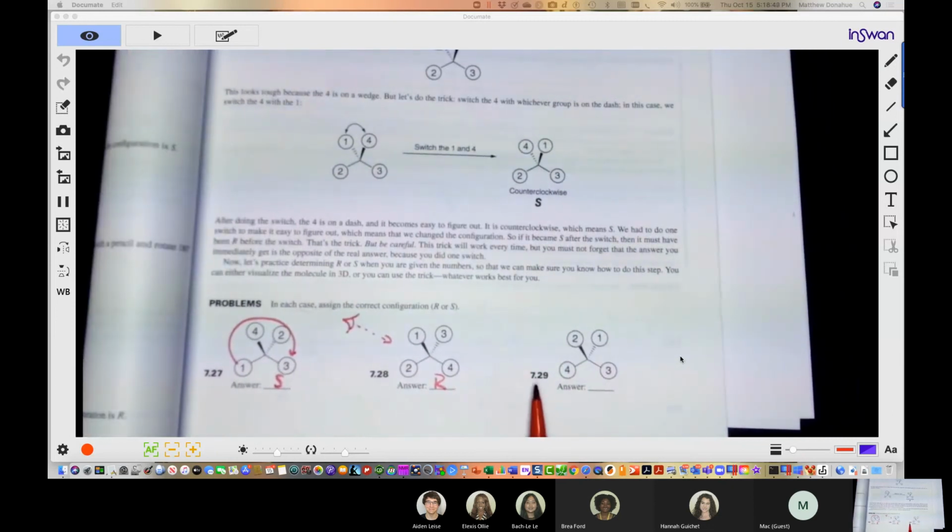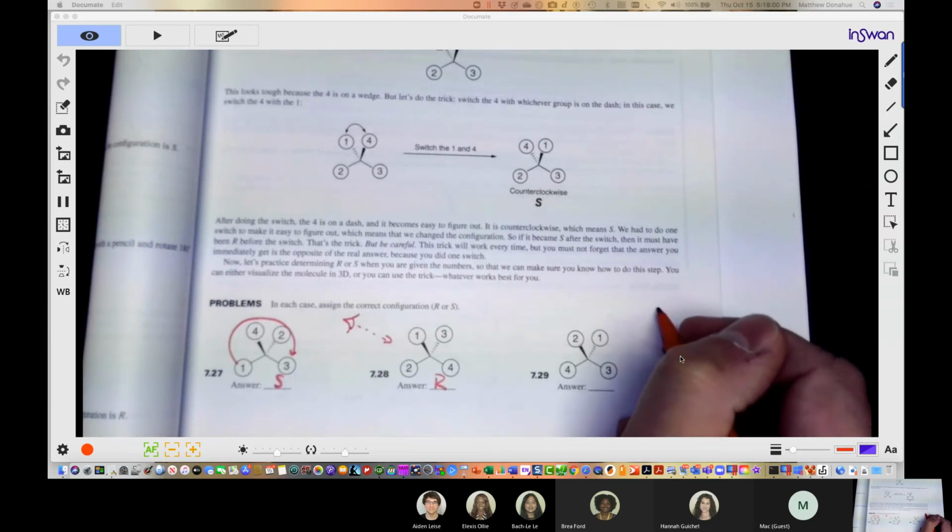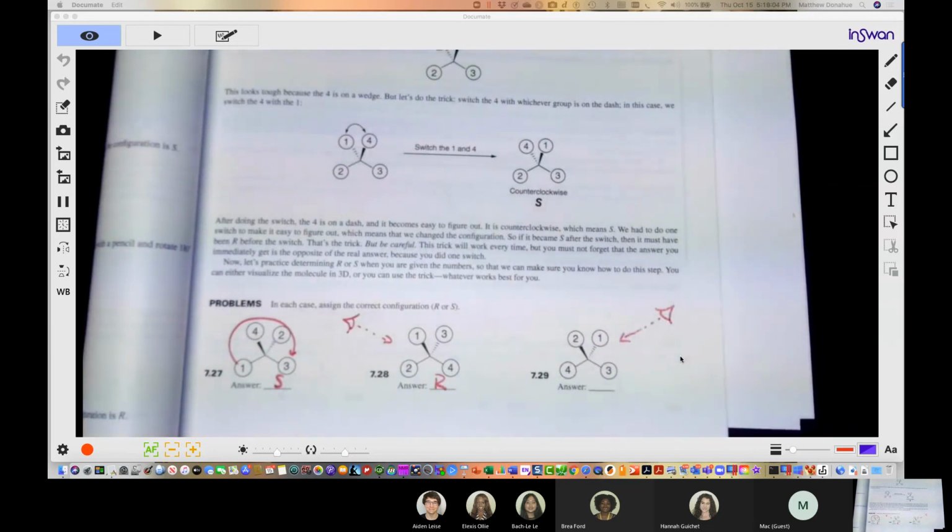So what about 29, where 4 is in the plane of the paper again, the lowest priority group? So if you wanted to put that back, your eyeball would need to be over here, looking from that perspective in the plane of the paper.